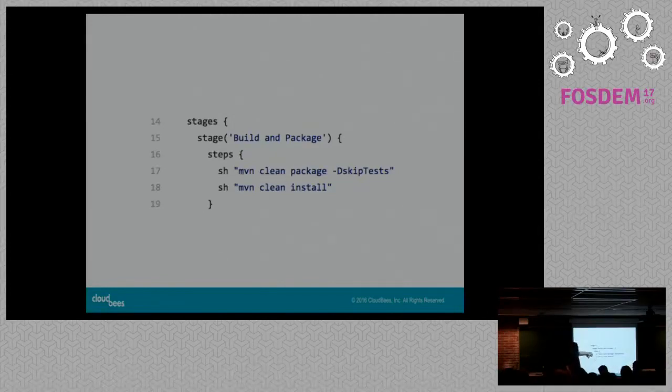Each of these chunks of steps is executed in that stage. They'll show up in the visualization in Blue Ocean, so you can see how long that particular chunk took and what the results were from that particular stage. Organization is a good thing. Having a better sense of the individual parts of your build is a good thing, and so we're enforcing that by requiring that everything be in a stage.